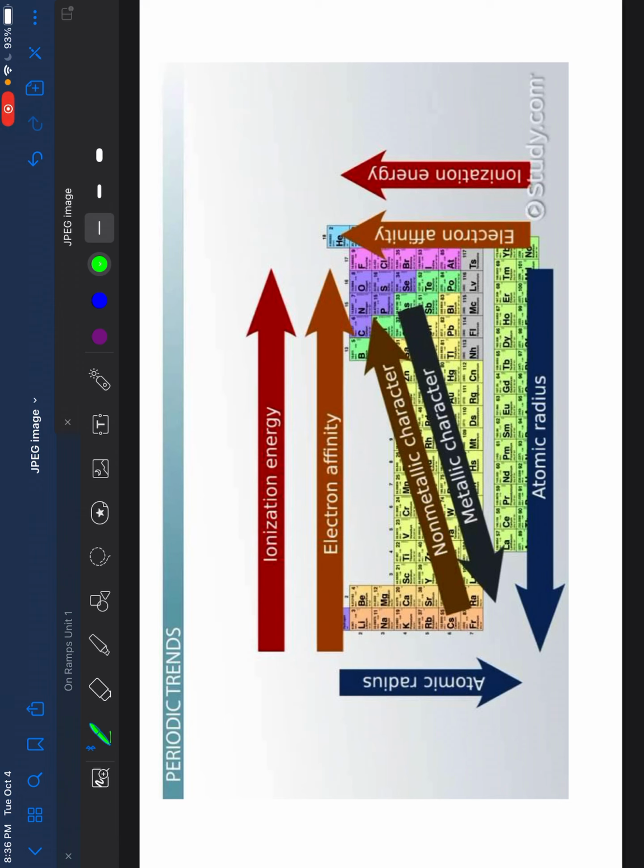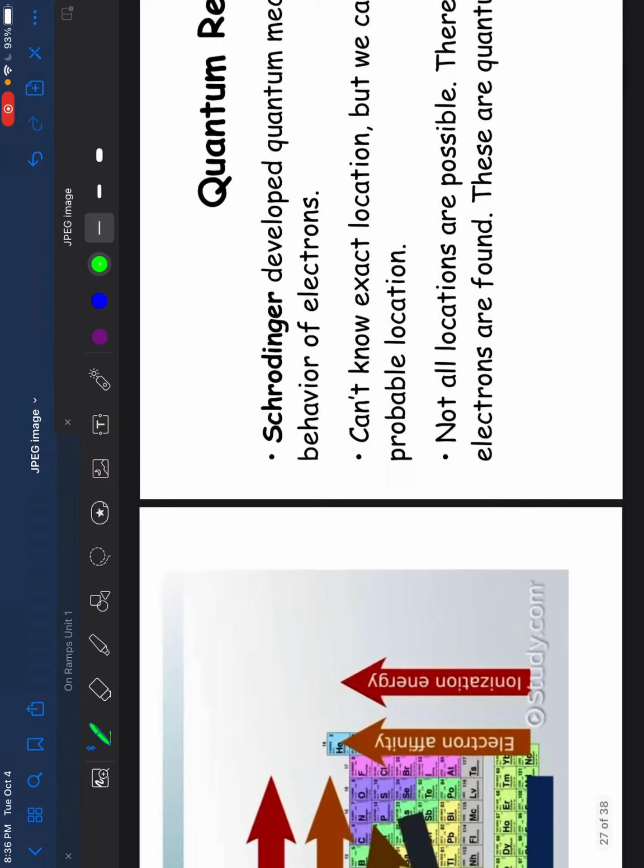So the periodic trends are all laid out for you. Metallic character and atomic radius are both going to increase as you go down and to the left. Everything else will increase as you go up and to the right.